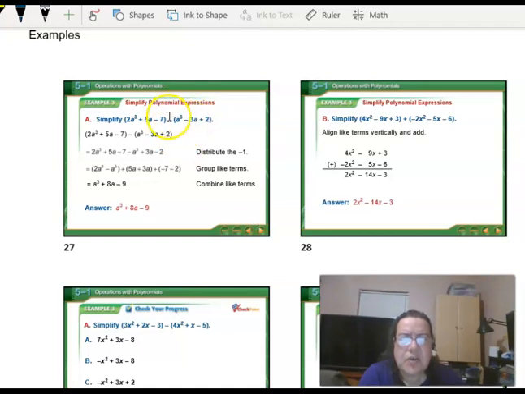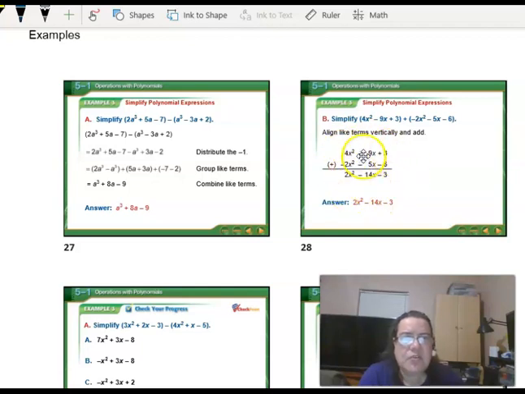You've got to give it to every piece that you have over here. And then once you do that, then you can do the operations. And you have to always match the bases. So if you have a to the 3rd power, that can only be subtracted from a to the 3rd power. You can't subtract this piece from the 2 or the 3a, etc. So we'll be doing that. And if you notice, they give you an example where they line them up to make it easier for you.